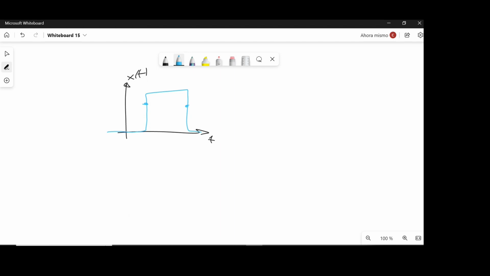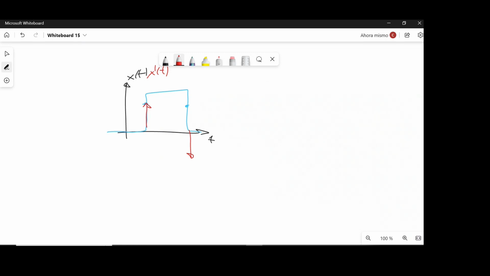How can I compute an edge? How can I know that I have an edge there and not anywhere else? Because I can compute the derivative. If I plot here x prime, I have an edge there, and then I have another.